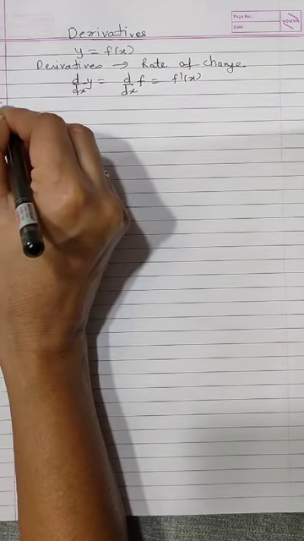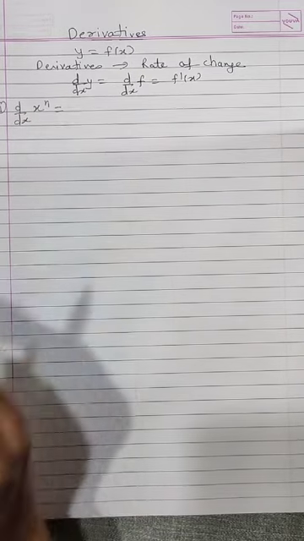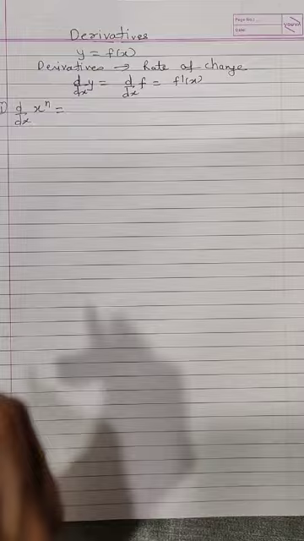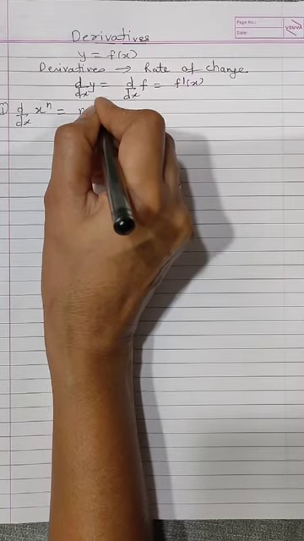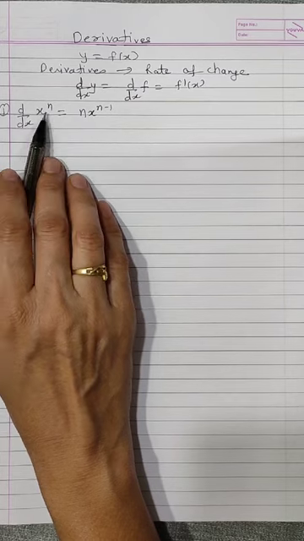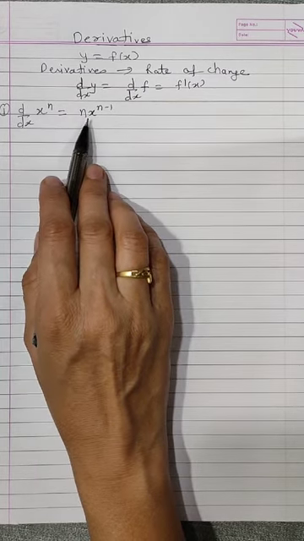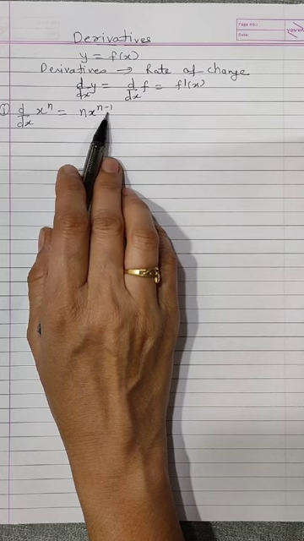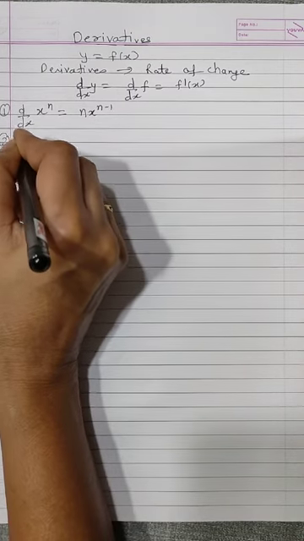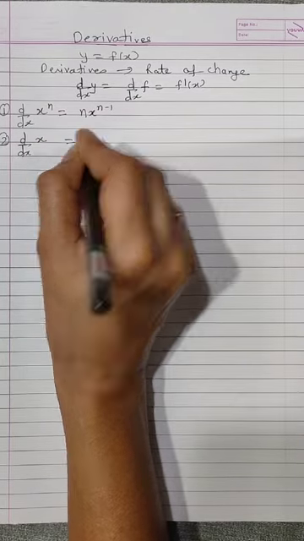Now first formula we have taken for derivative is power function, x raised to n. We know that its derivative is nx to the power n minus 1. Now, derivative of simple term x is always 1.